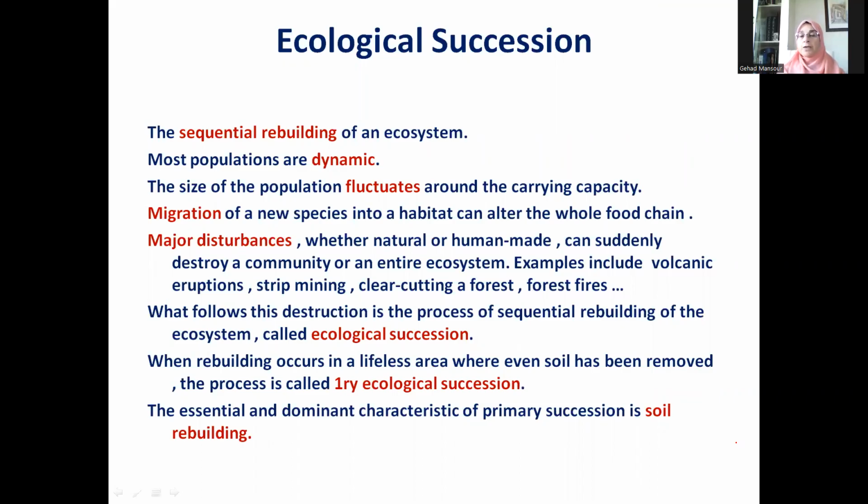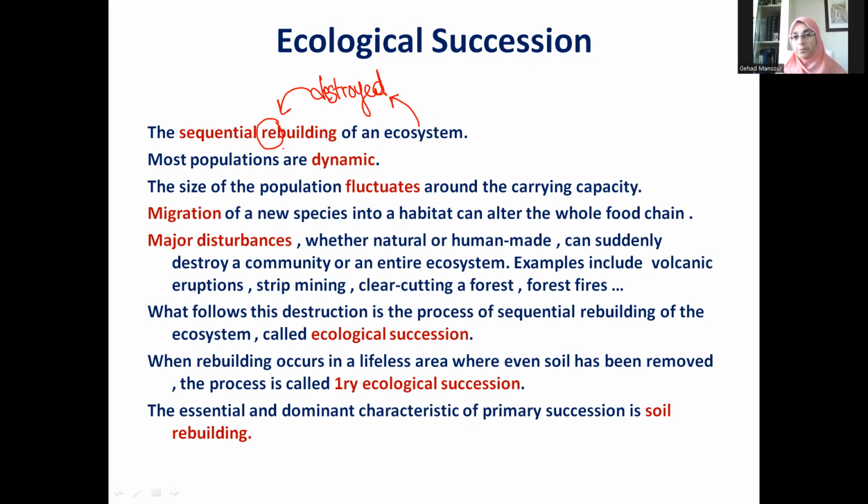This concept on the slide you see, which is ecological succession, is very important, and it comes frequently on the tests. Ecological succession is simply the sequential rebuilding of an ecosystem. This means that when we say rebuilding, a particular ecosystem has disappeared or has been destroyed for a reason or another. And then we are trying to rebuild the ecosystem.